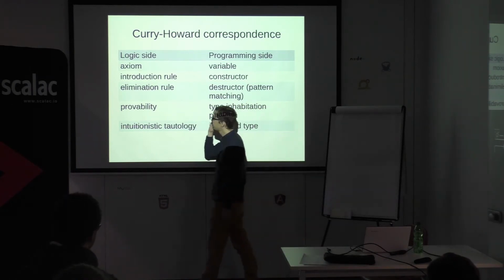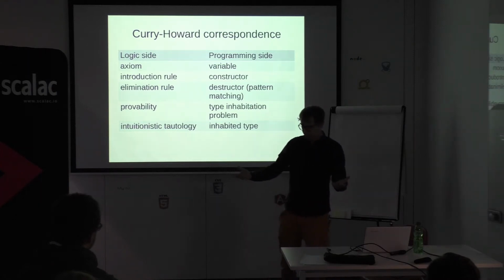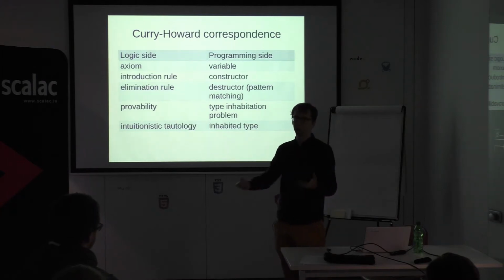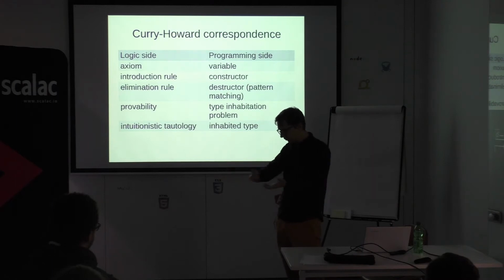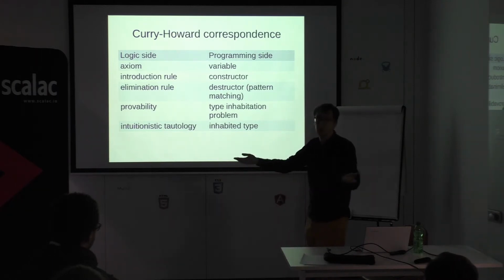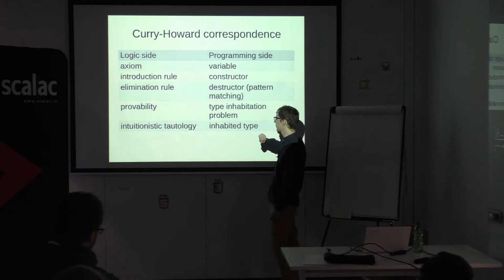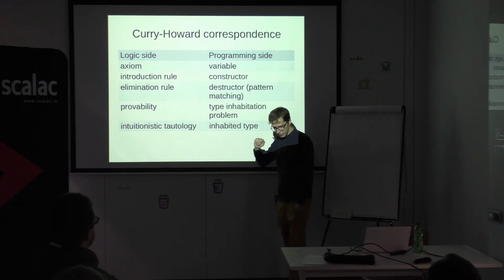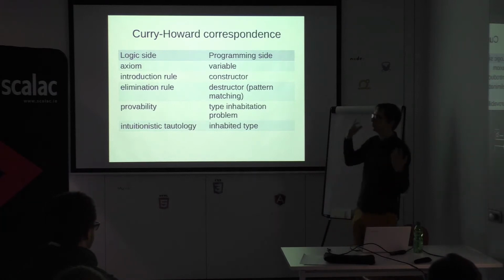So the property of provability: for every proposition, if you have a proof, you say that this proposition has the property of provability, and it's a theorem, in other words. So in programming, the same problem is the type inhabitation problem. You have some type, and you're thinking, is it possible to write a function for such a type?